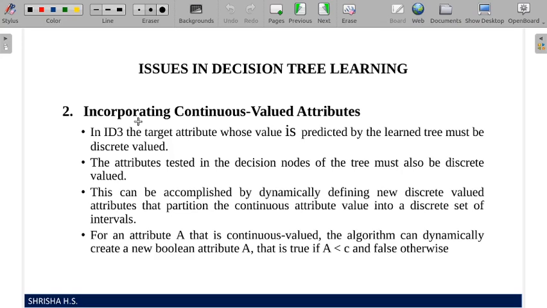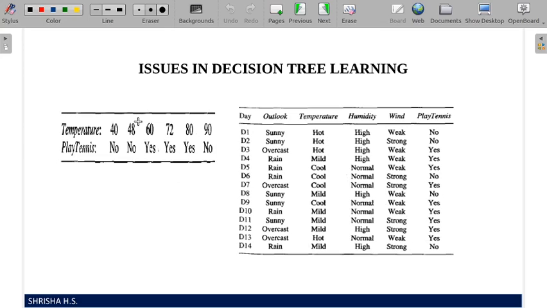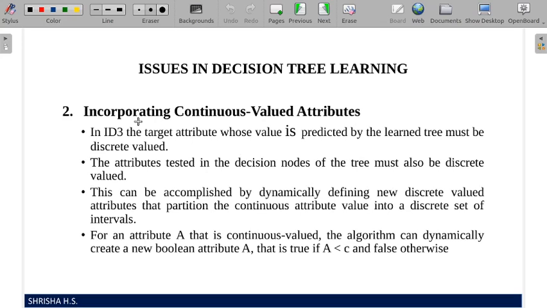This can be accomplished by dynamically defining new discrete valued attributes that partition the continuous attribute value into a discrete set of intervals. So 40 to 50 is cool, 60 to 70 is mild, 70 to 90 is hot. Like that, the intervals are defined into a new discrete value, right? That's what it is talking about.